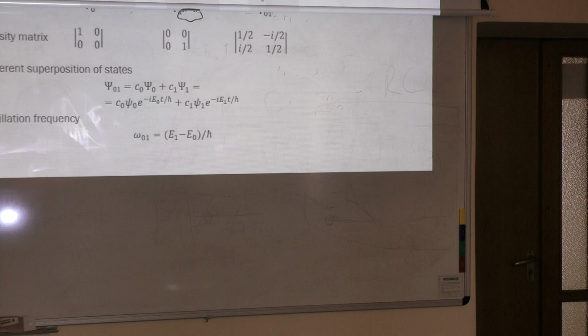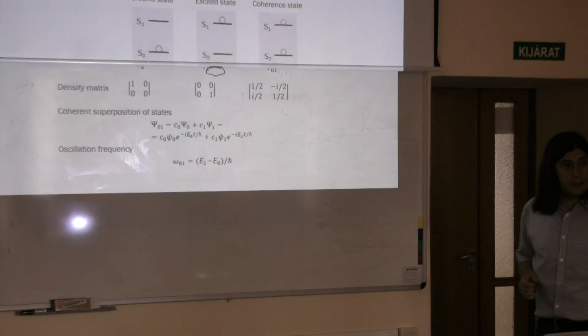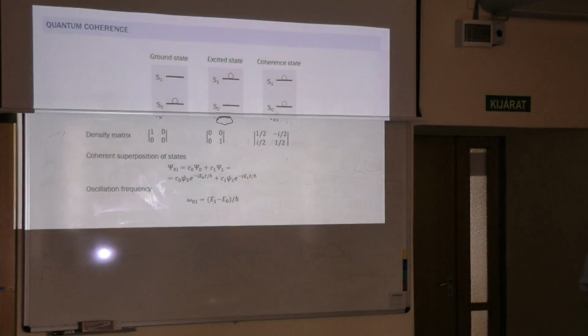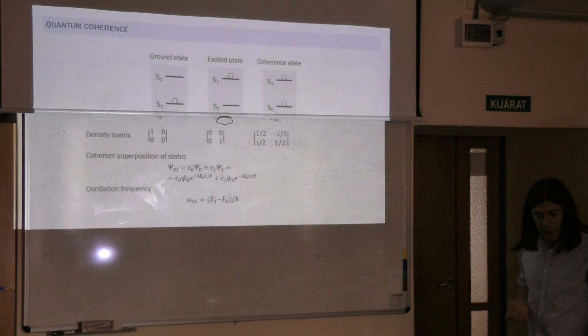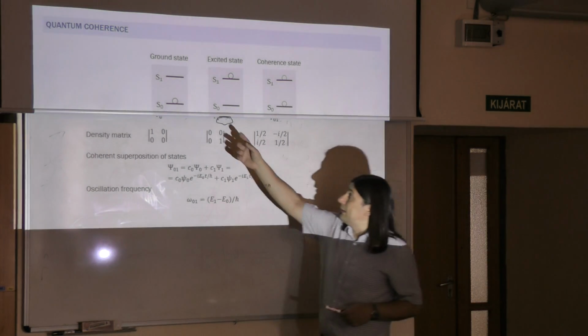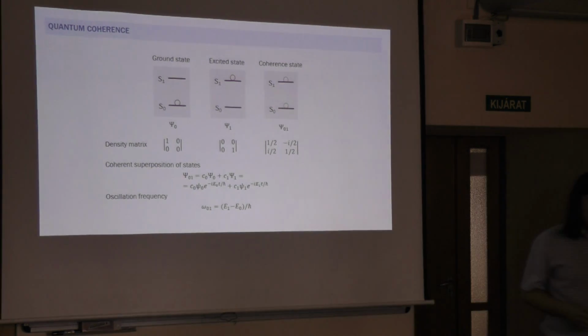Now what else I would like to remind you is what is quantum coherence. Now we say the molecule can be in a ground state, or it can be in an excited state. Right?